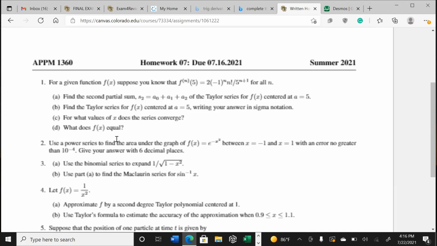Okay, good, because that's what I thought. So you find your derivatives and you plug it into the formula. Wait, did I do that right? You're supposed to find the derivatives of f at 5, right? Like three derivatives of that, and then the second one would be that derivative and then x minus 5, I guess.